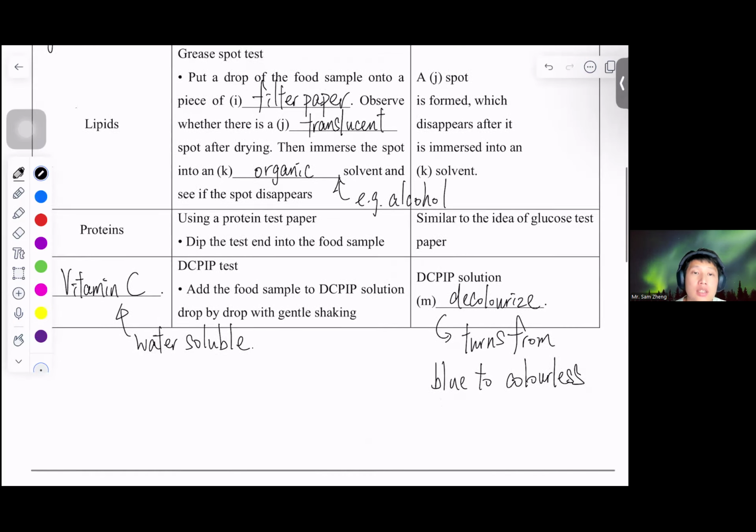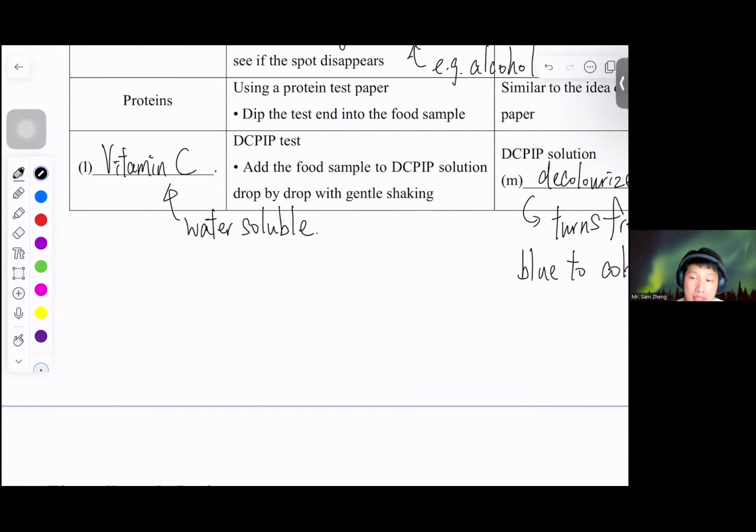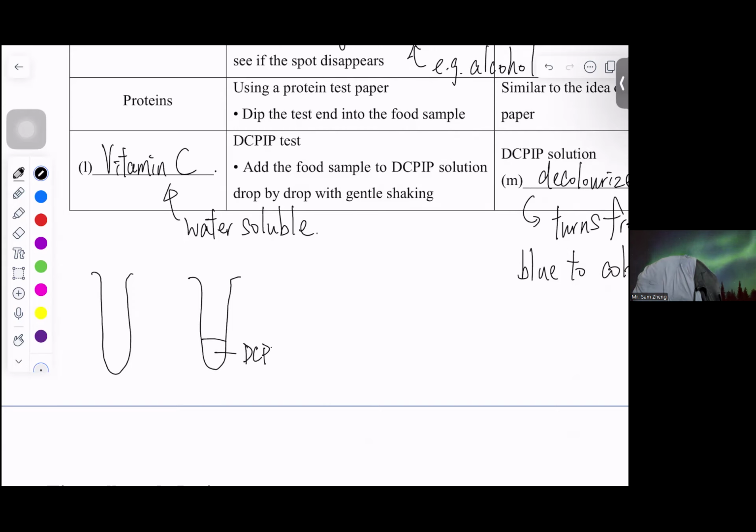Is that okay? Last lesson, when I talked about the DCPIP test, maybe this gave you some confusion. You can think of it this way. We have two cases. In the first case, we compare the vitamin C concentration by having a fixed volume of DCPIP solution, both of them 1 cm cube maybe.